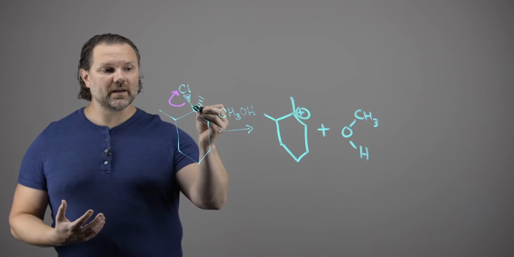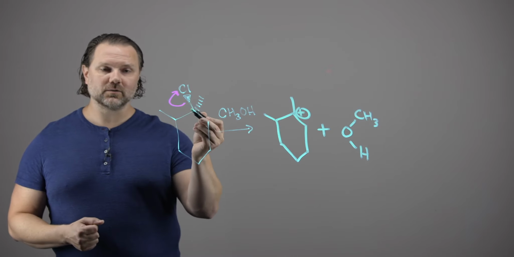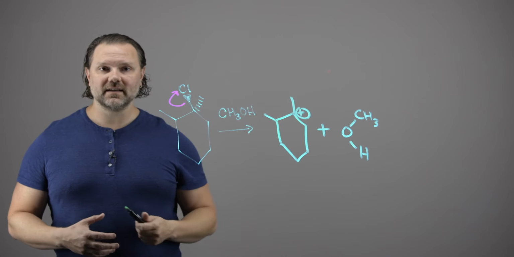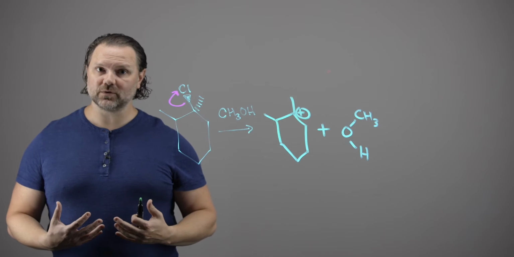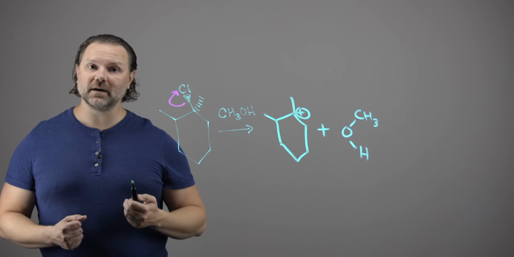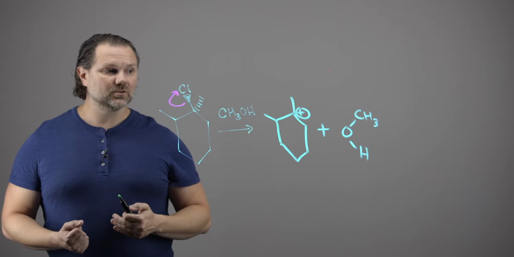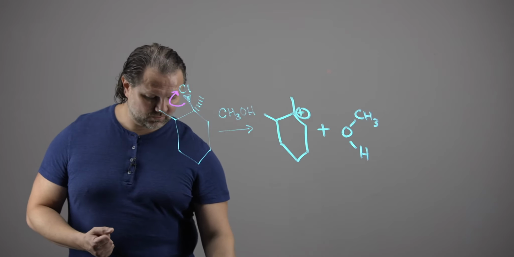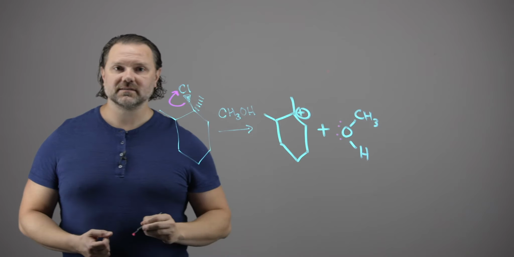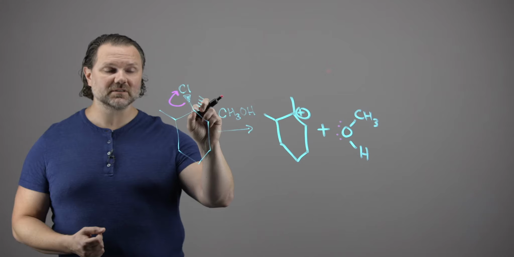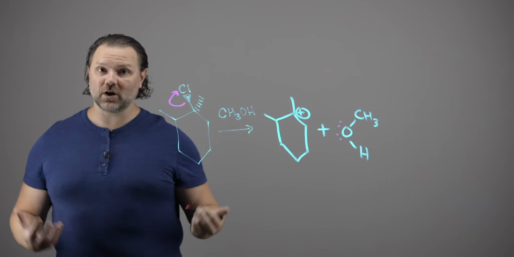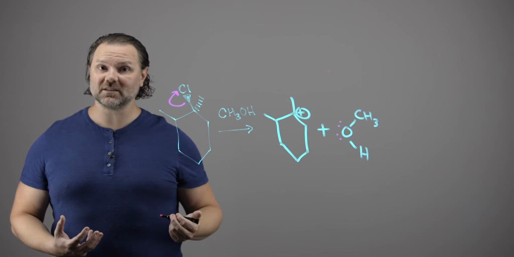Now notice that we went from a chiral center, this would have been the S enantiomer, to now having a trigonal planar geometry for our carbocation, and our nucleophile can attack from either above or below. As a result, that is going to change what we have for our stereochemistry. We're going to go from a specific stereochemical center here to both options forming a racemic mixture.